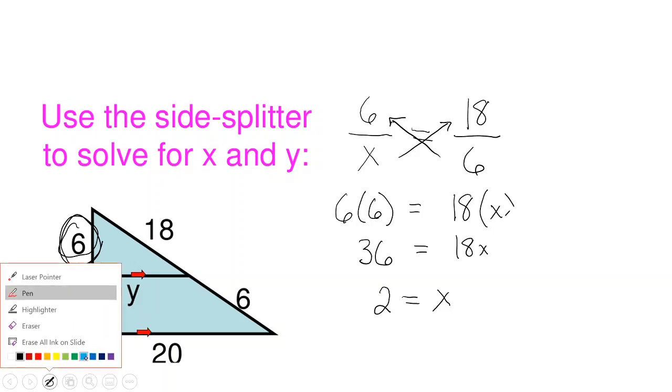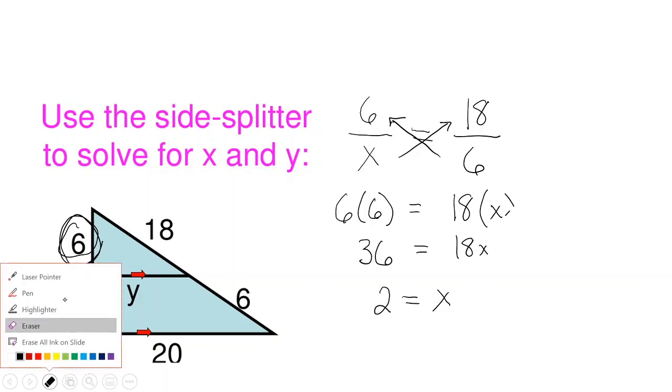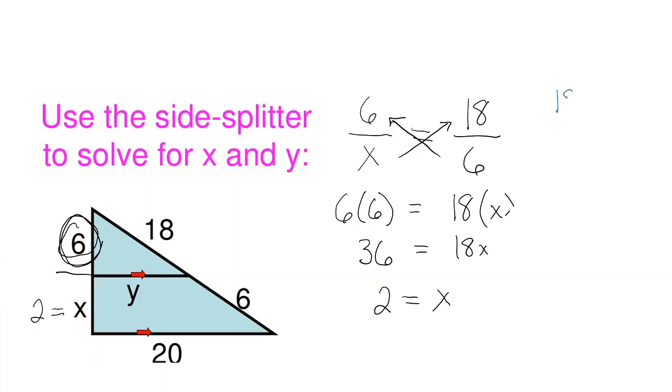Now the same proportion would work for those parallel lines also. You got to make sure that these are parallel lines in order for this to work. So let's not go with 6. Let's go with 18 is to 6. So I did this side over this side, as y is to 20.